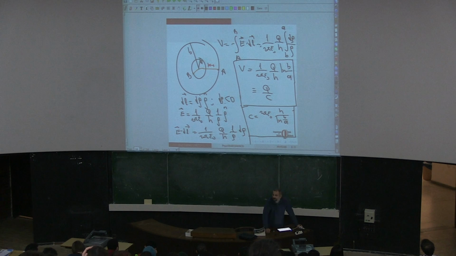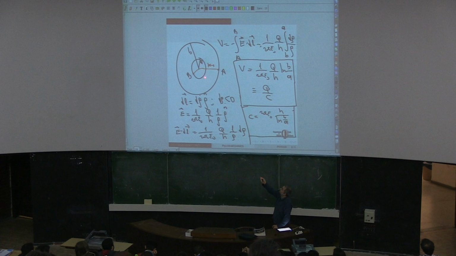Other questions? Which one? The rho. This one. As you go from this point to this point, your distance from the central axis, is it increasing or decreasing? It's decreasing. So the change in rho is negative as you go from this point to this point.